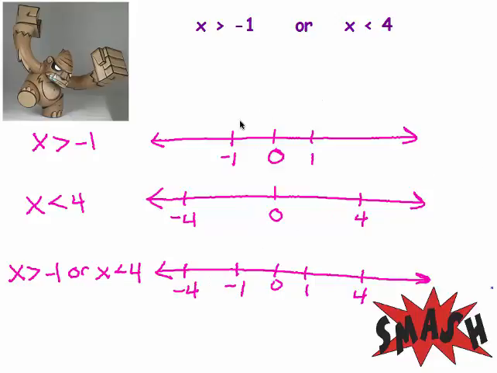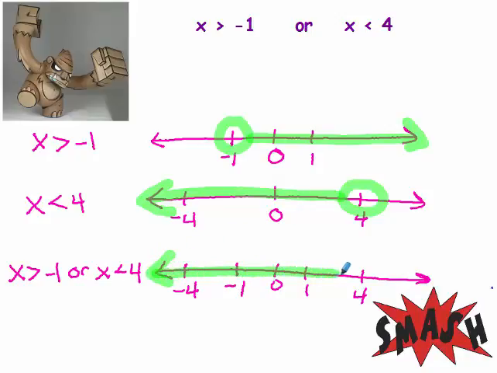X is greater than negative 1. Open circle on negative 1, greater than is to the right. X is less than 4. Open circle on 4, shaded to the left. Now, if I could pick up this graph and smash it onto this graph, everything would be shaded. This is one of your special cases that we solved, where it's all real numbers.